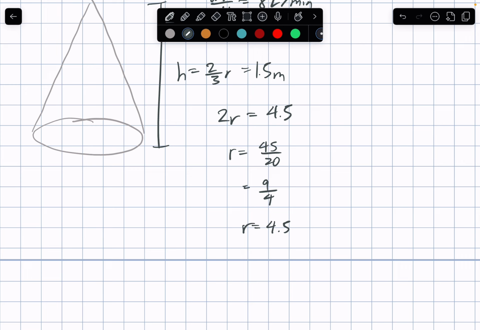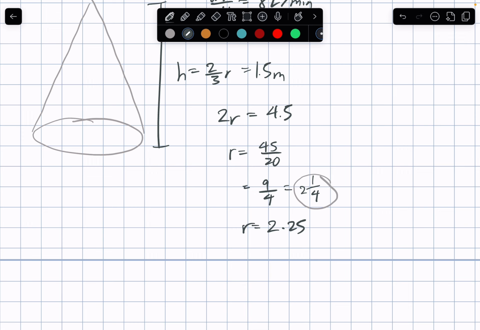So the radius is 9 over 4. Wait. That's more like it. 2.25. Okay.